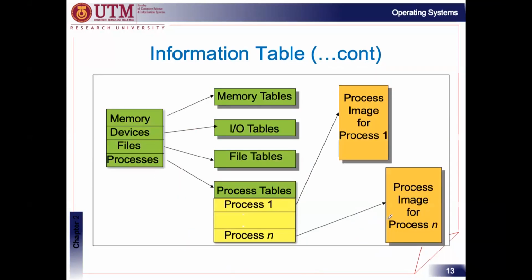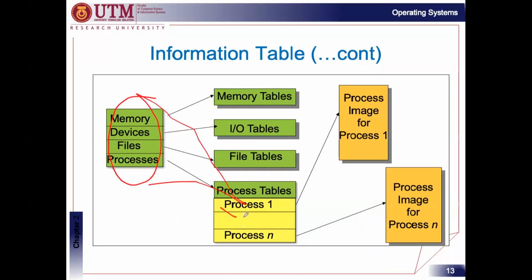So in the information tables, you can see memory, devices, files, and also processes here. Each of the resources has a table to keep all the information. So memory table, IO, process table, similar here.